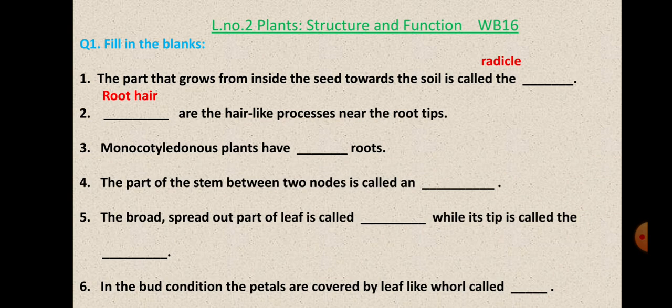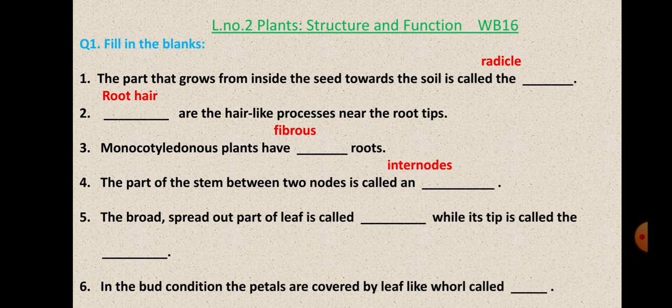Monocotyledonous plants have dash type of roots. Yes, which are those roots? They are fibrous roots. The part of the stem between two nodes is called an dash. Yes, half of the answer is in the question itself. So it is internodes. The broad spread out part of the leaf is called dash.